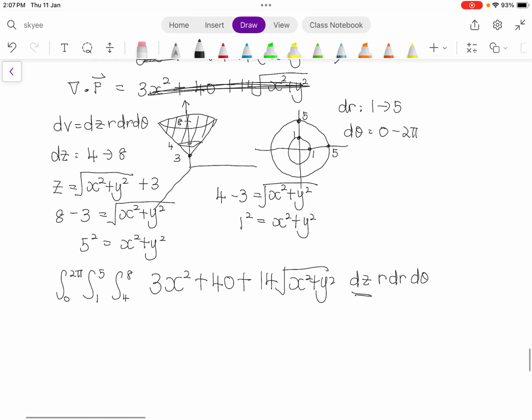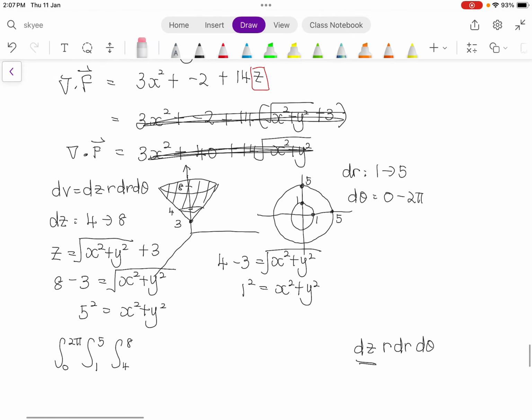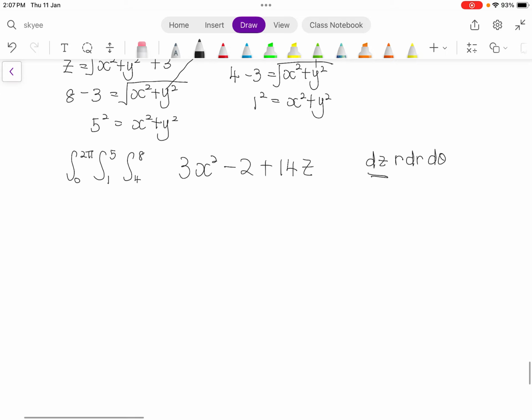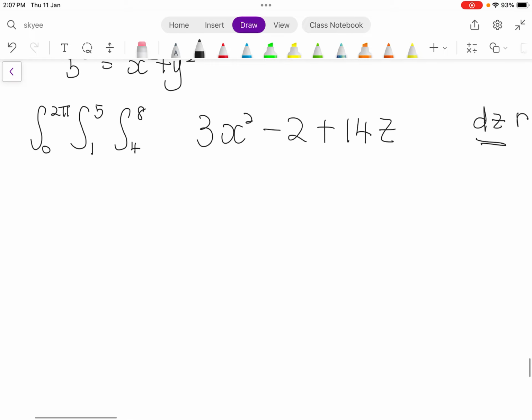Because I need to integrate it, if I simplify, I cannot integrate. So it will be 3x squared minus 2 plus 14z. Let's do the integration with respect to z.